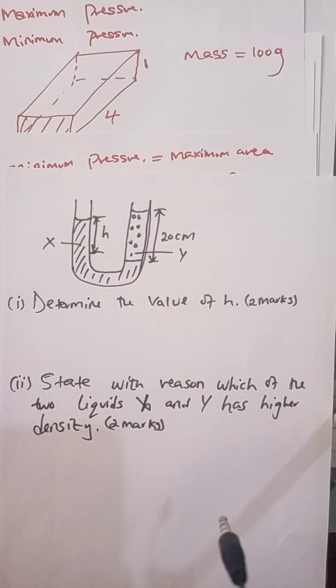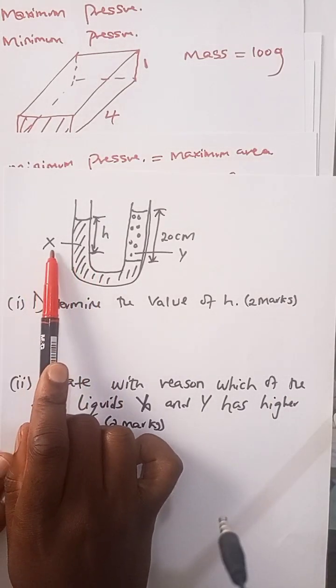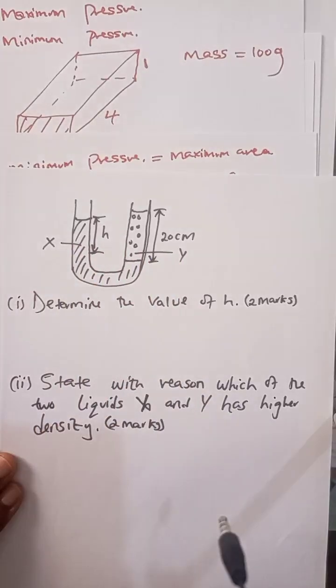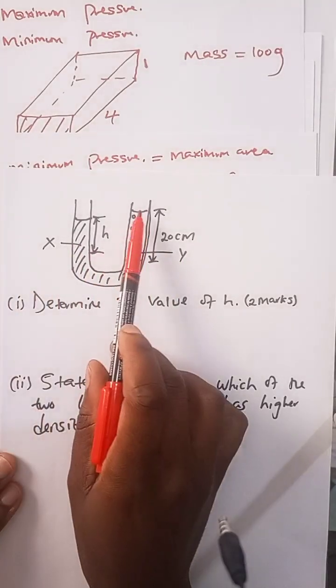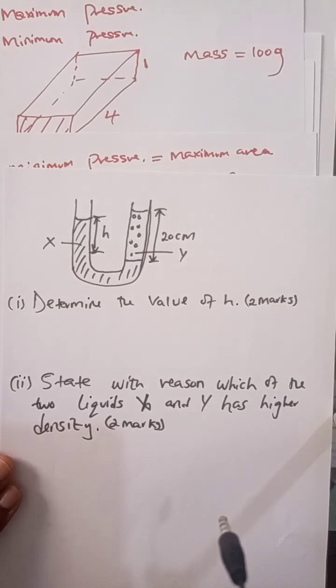So I have a question there. This is a manometer. So determine the value of H. Determine the value of H. So in this case, we talk of the density. We have the liquid X and liquid Y. So they are balancing because their weights are the same.